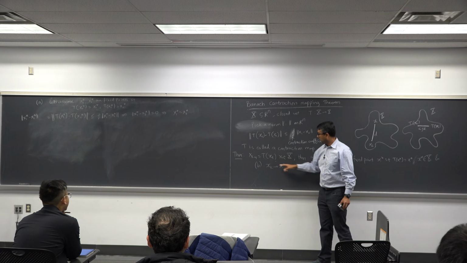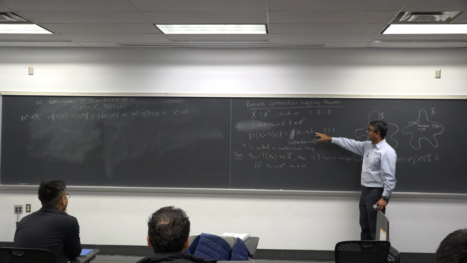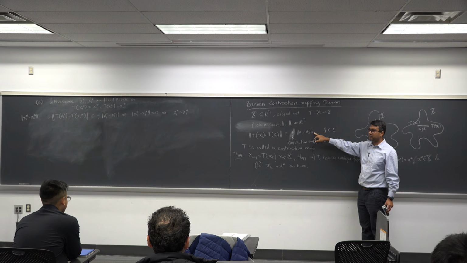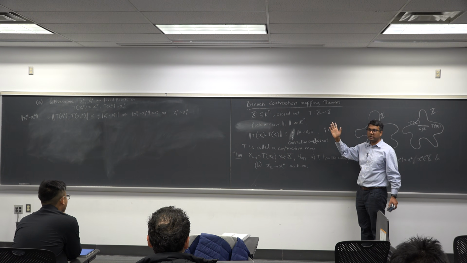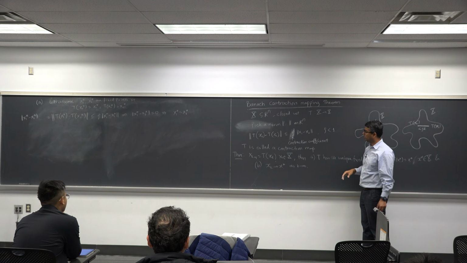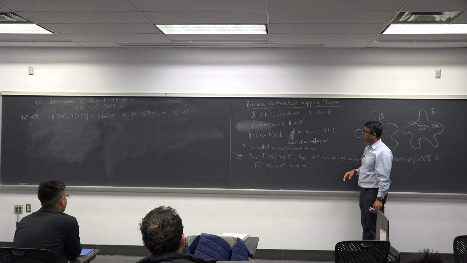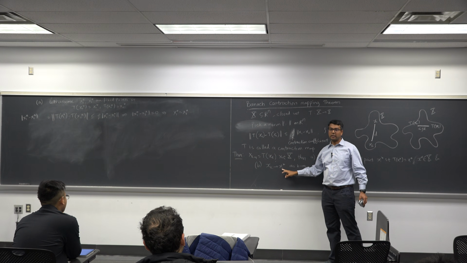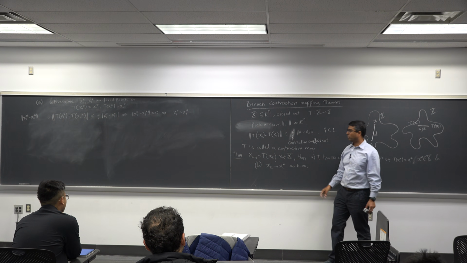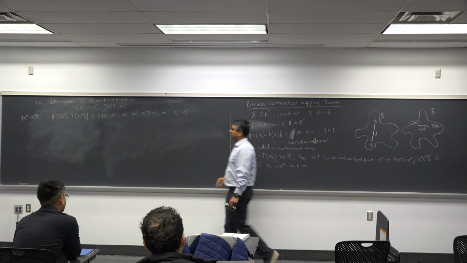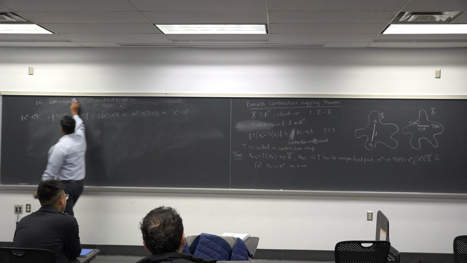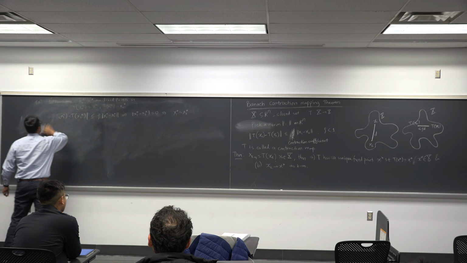As soon as you prove that your algorithm is a contraction with respect to some norm, you will have to spend some time figuring out which norm. But once you prove that it is a contraction, you're guaranteed that your algorithm will converge to a fixed point of that particular map.